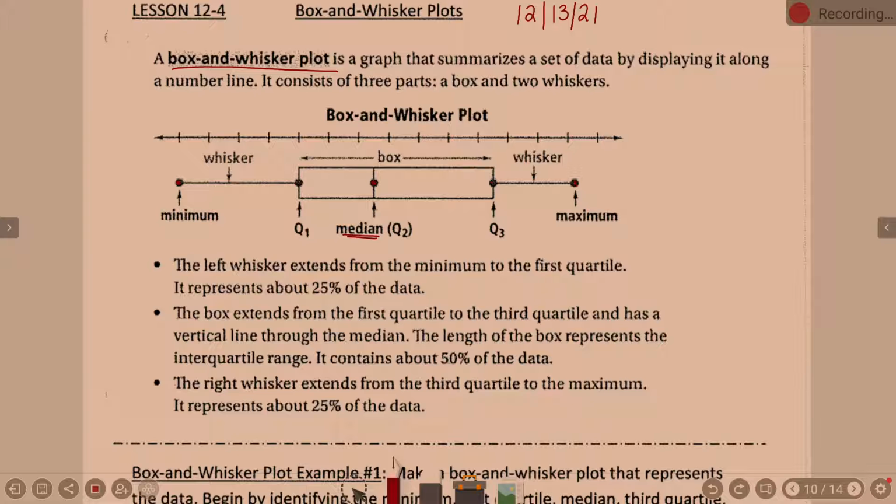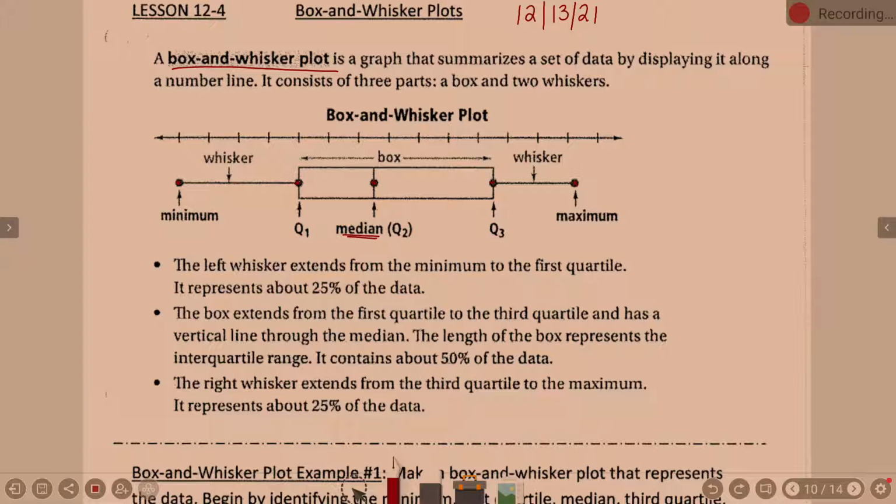Okay, so we'll have our lowest and highest values. We'll find the median, which if you remember, the median is that middle number. And that median breaks our data into half. We've got the half below it, we've got the half above it. And then you'll also notice it says Q2 here. So quartile 2. We will also be finding quartile 1 and quartile 3.